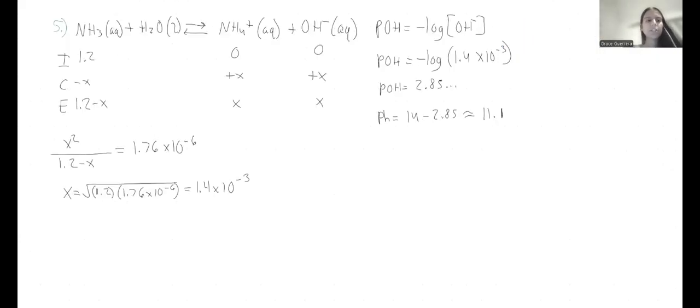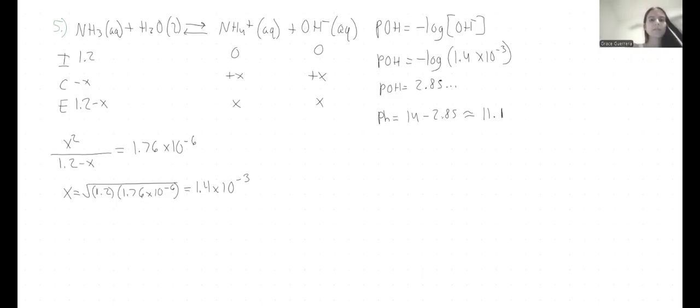To calculate the pH given a molarity concentration or the concentration of a base, we can write our reaction. So for NH3, it would be the nitrite plus water yields the ammonium plus the hydroxide.